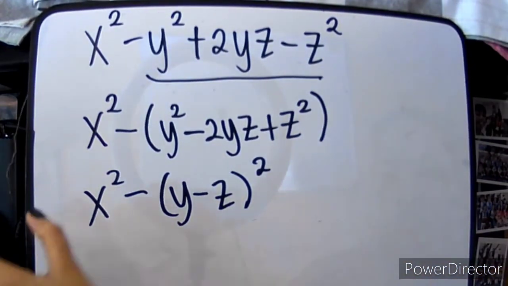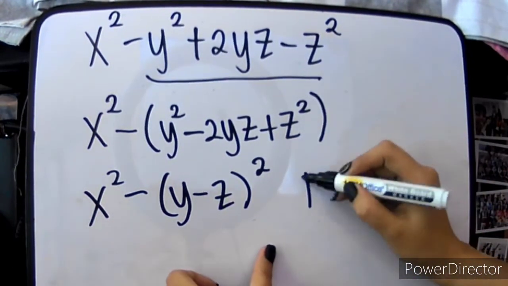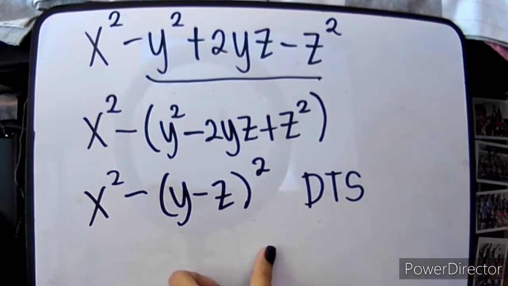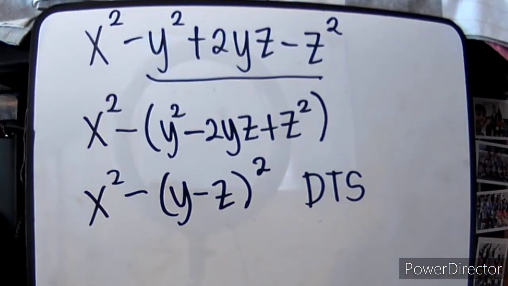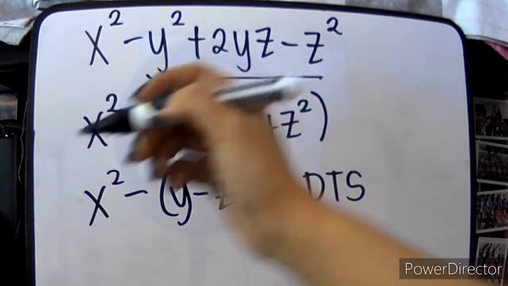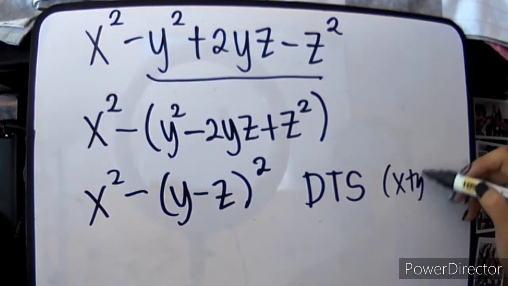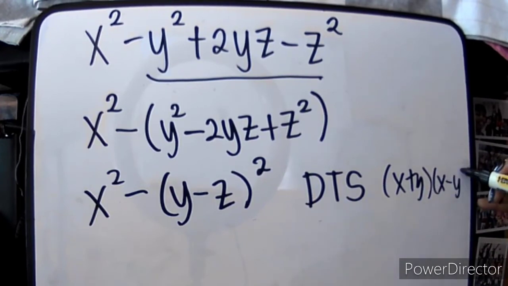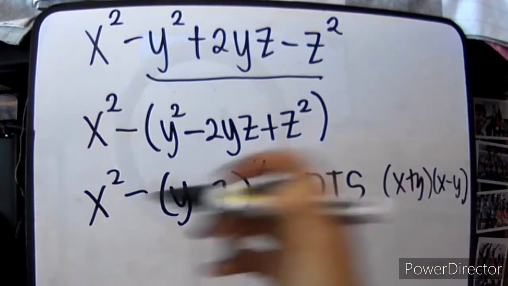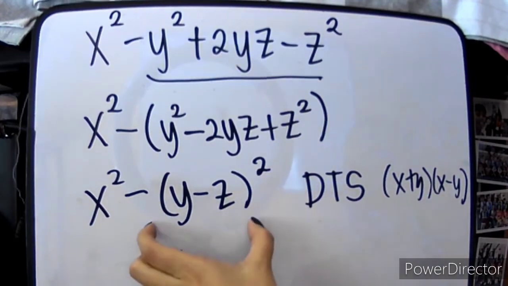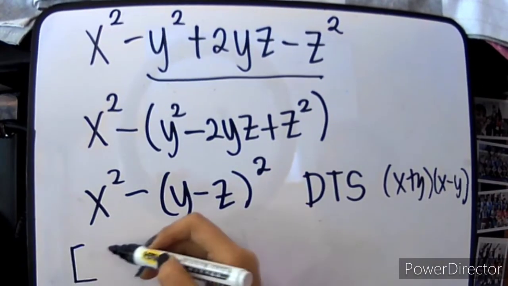Okay, so kapag nagganyan tayo, this is DOTS, difference of two squares. So ang mangyayari, magkakaroon tayo ng x plus y, x minus y pattern kasi difference of two squares na 'to. And since naka-parenthesis 'to, I will just be using bracket.